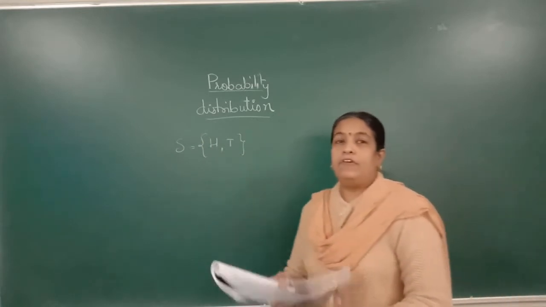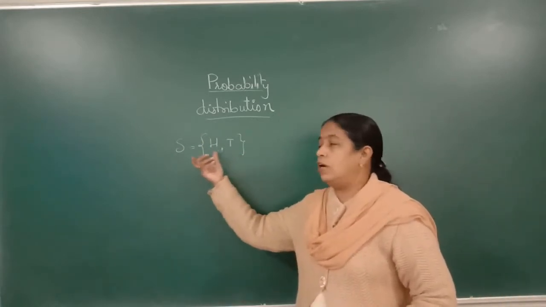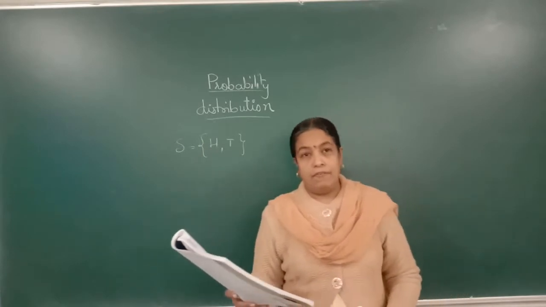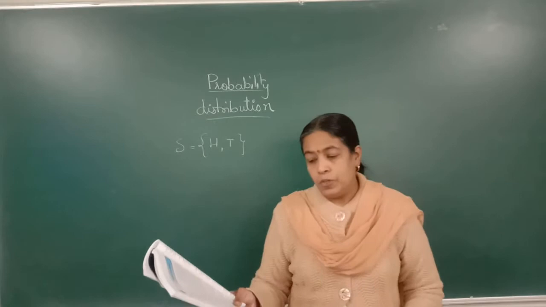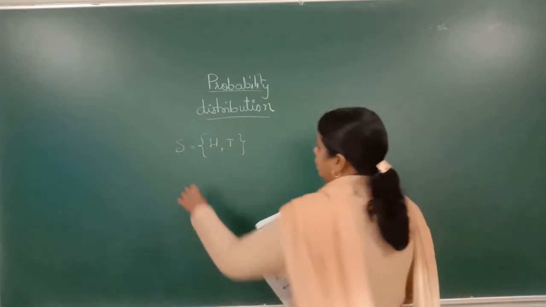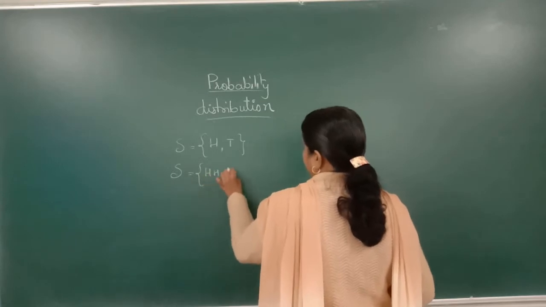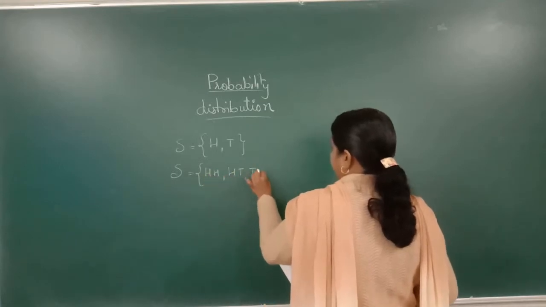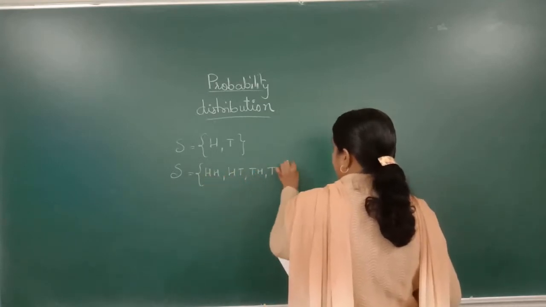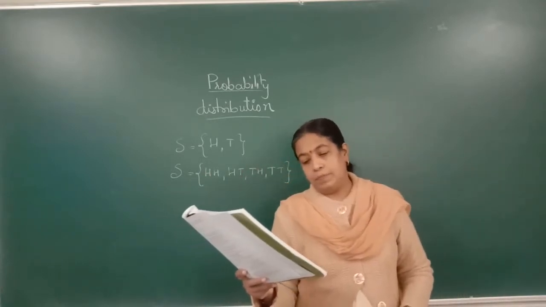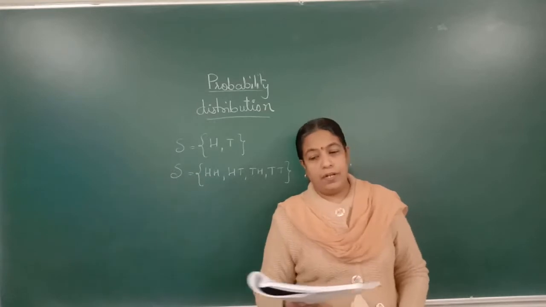The collection of all outcomes is called a sample space. As an example, consider the event of tossing 2 fair coins. Again, here the sample space will be different: HH, HT, TH, TT.